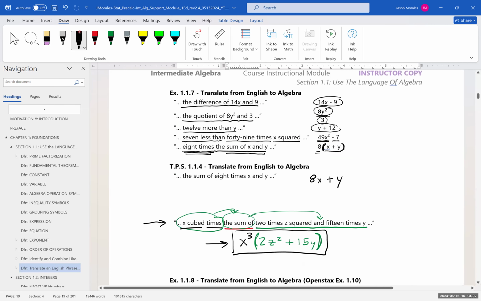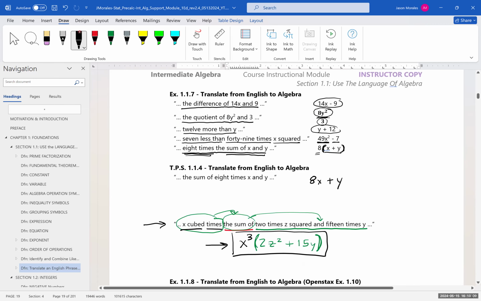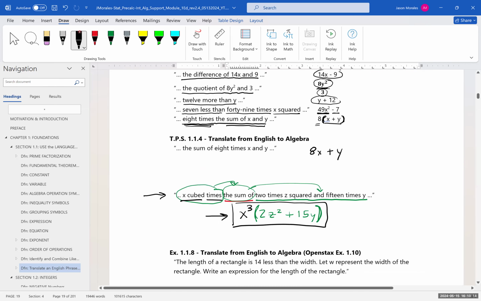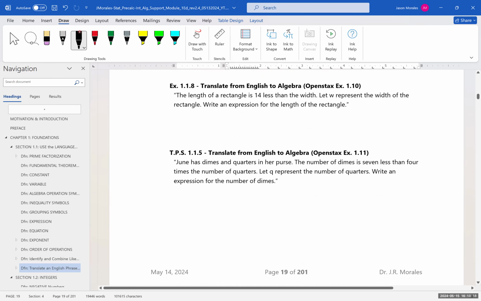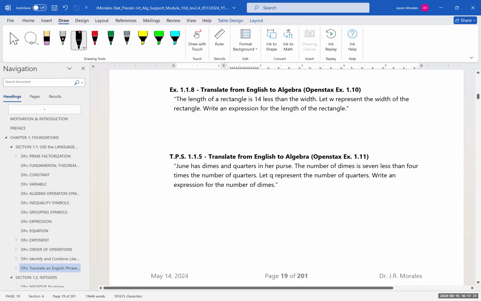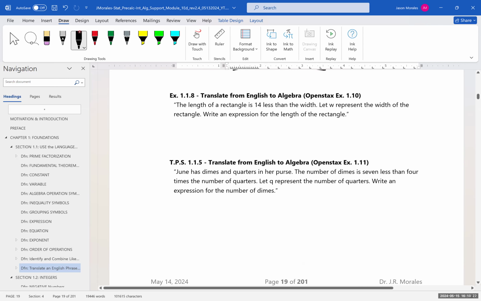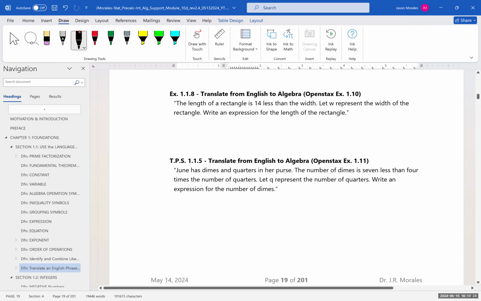All right, so we've just been focusing on these little snippets, trying to understand them. Let's progress to something a little more complex. Here we've got an example. Translate from English to algebra. The length of a rectangle is 14 less than the width.